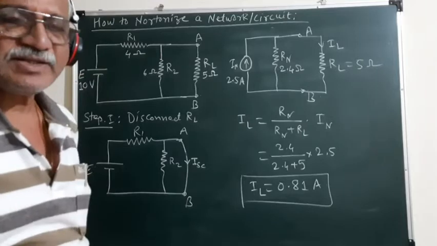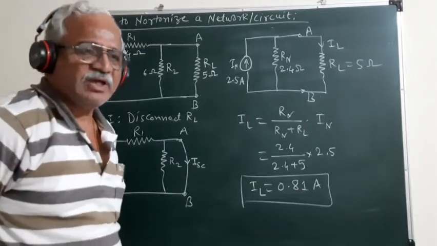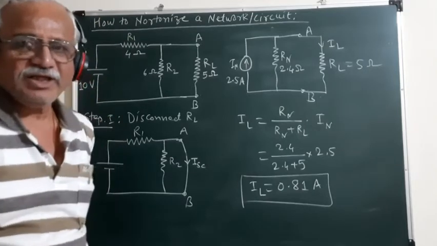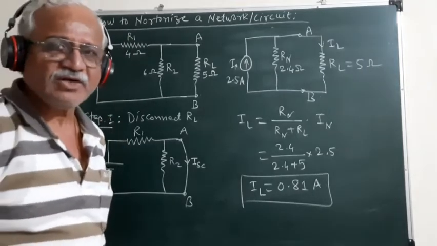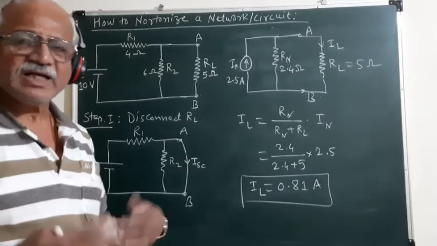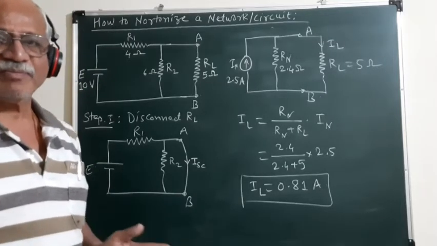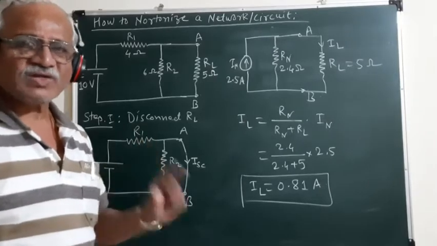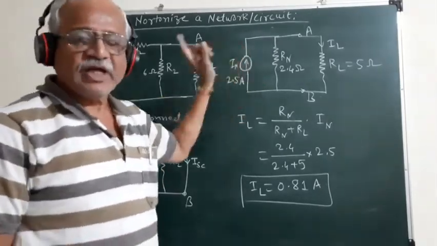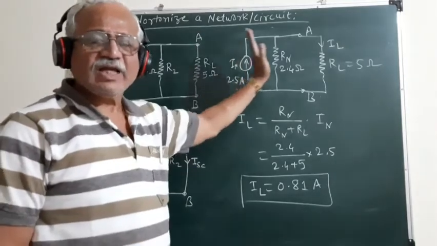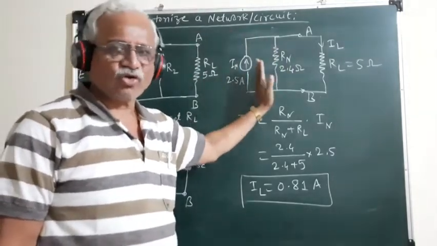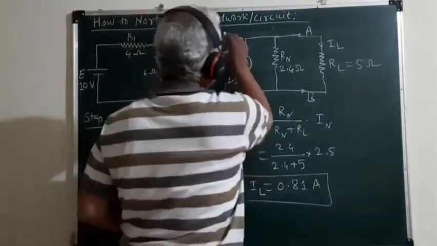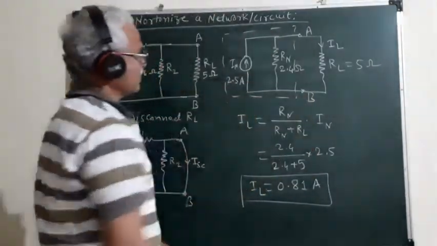Once again, Norton's theorem states that any two-terminal linear network containing sources of EMF and resistances can be replaced by an equivalent circuit consisting of a constant current source IN in parallel with an equivalent resistance called Norton resistance. This network is the Norton equivalent circuit.